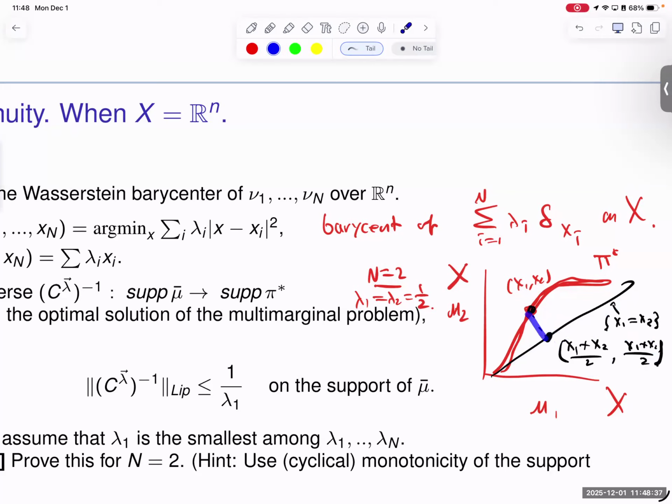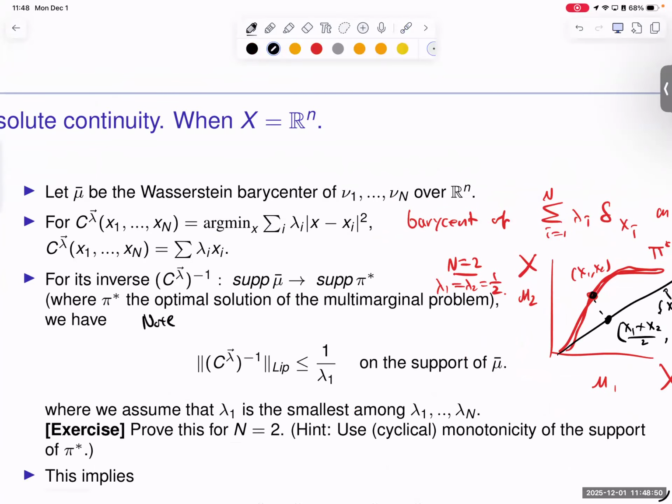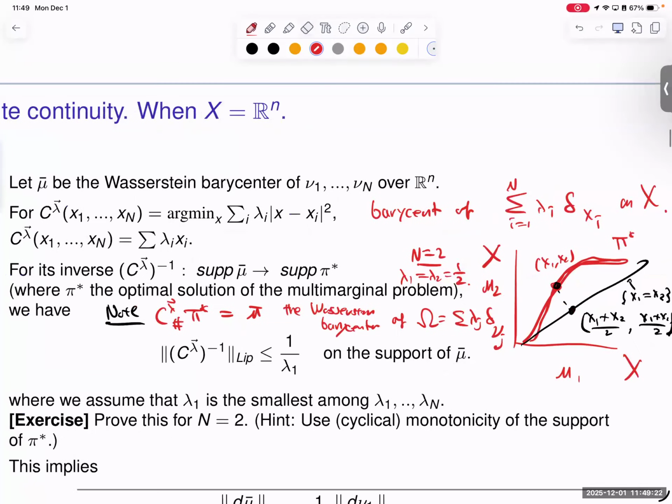Then if you further project it down to the underlying space, that is what the Wasserstein barycenter is. Note the push forward of pi star by C_lambda is the Wasserstein barycenter, or omega, which is a summation of Diracs.